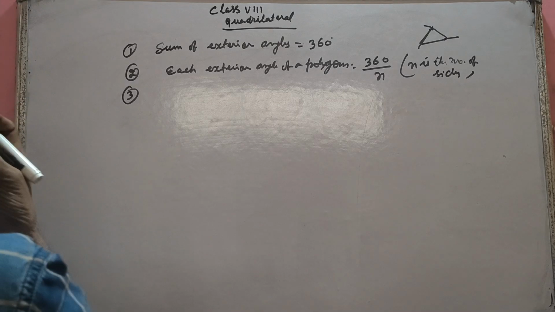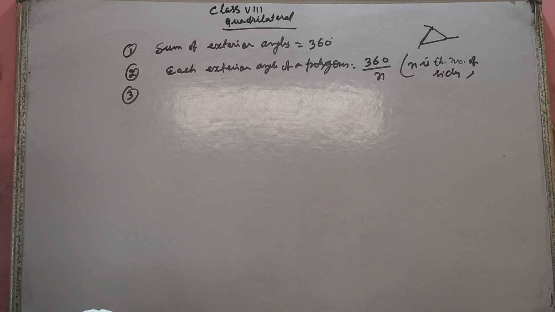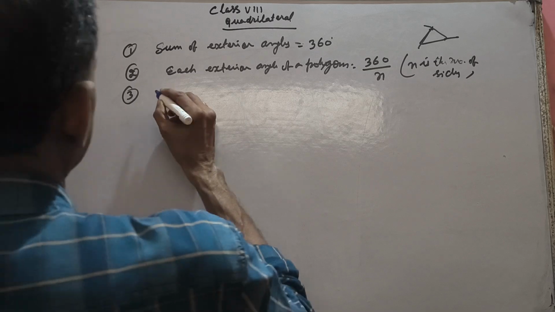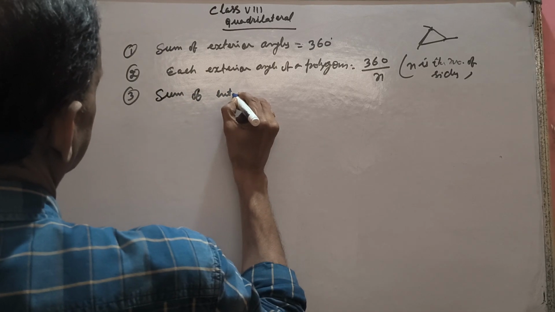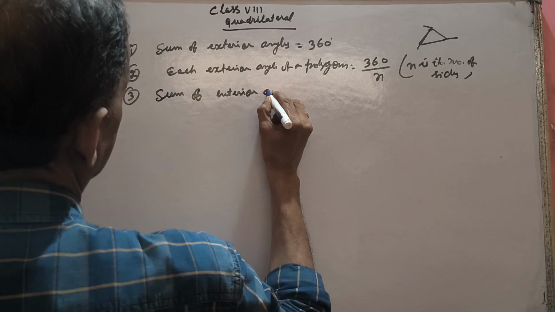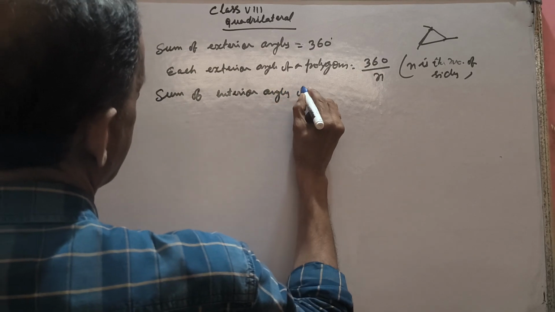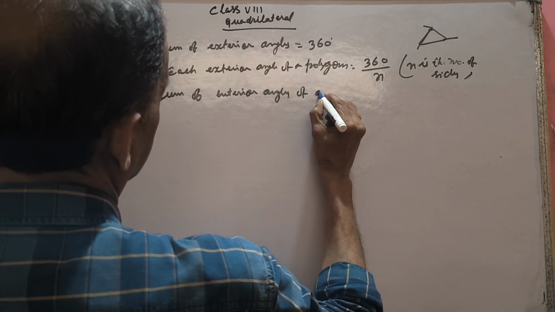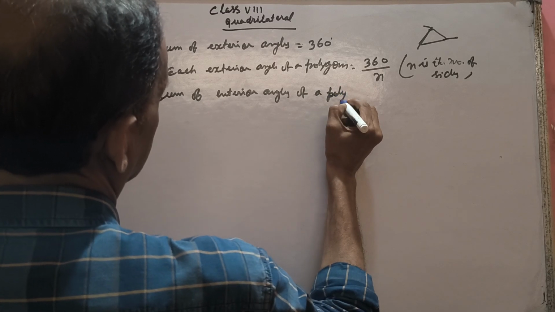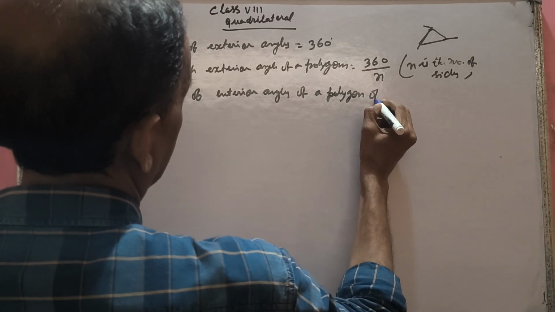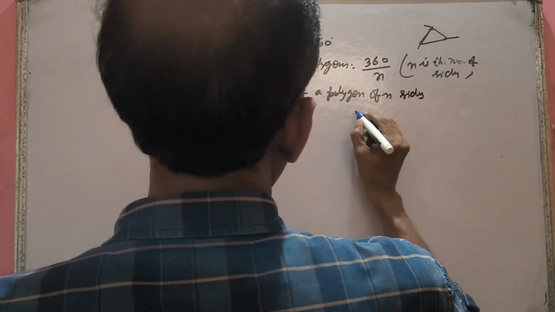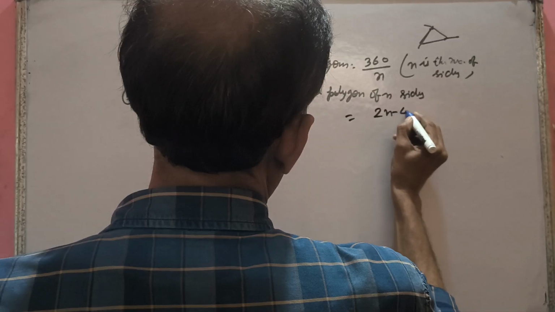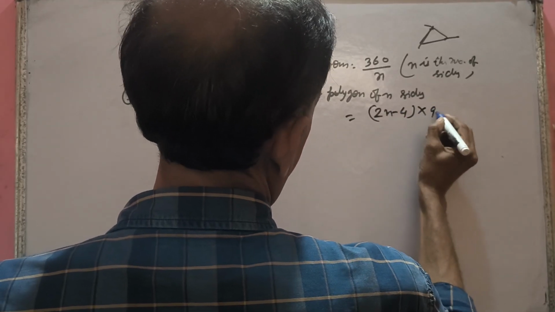Then number 3: the sum of interior angles of a polygon of n sides is equal to (2n minus 4) times 90 degrees.